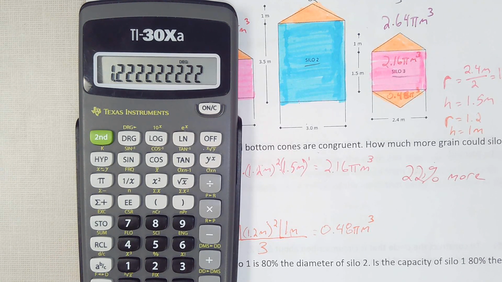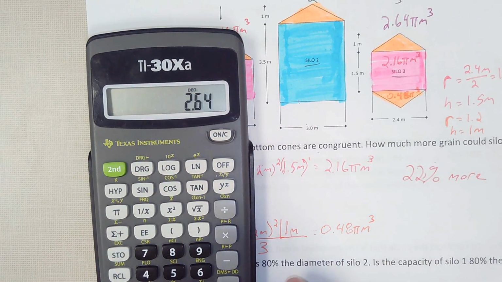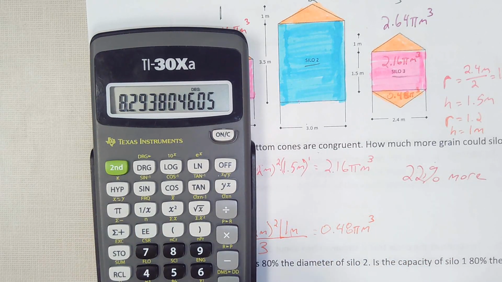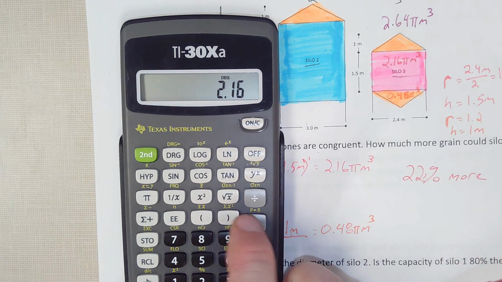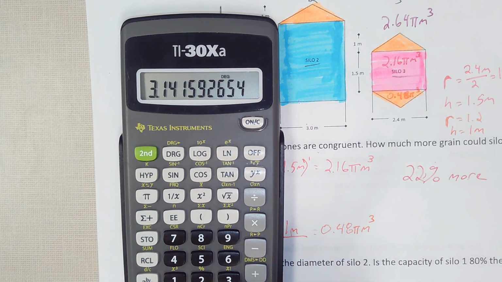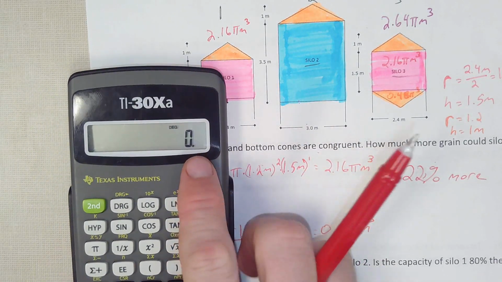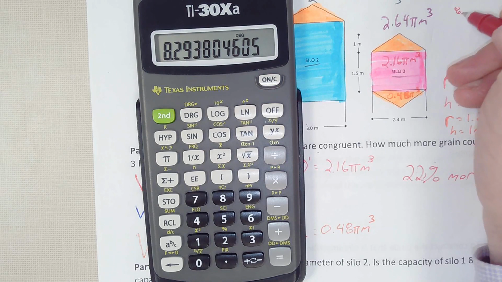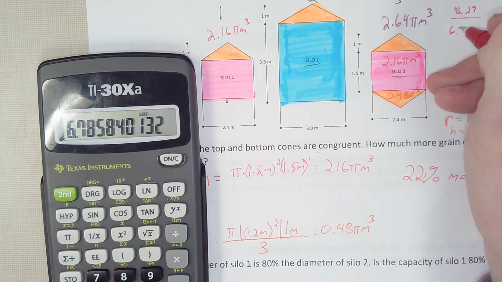Let's see what happens if we did it with pi. 2.64 times pi equals 8.29, divided by 2.16 times pi, which is 6.79.